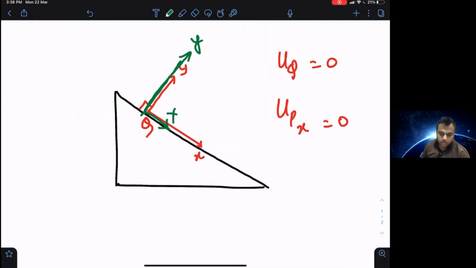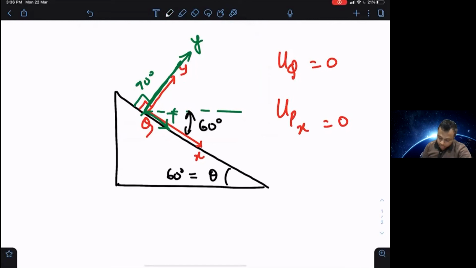That is required as a criterion for both of them to collide during their motion. If you can apply this much concept, then the question is very simple. So the conclusion is that the particle P must be projected at an angle of 90 degrees with the inclined plane. The angle theta is given to be 60 degrees.